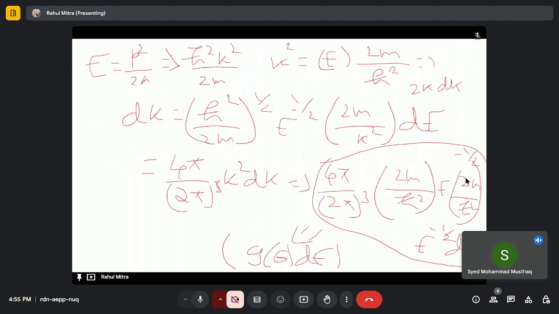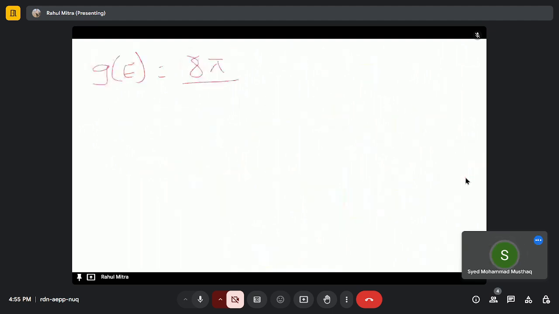Now this G(E) will be equal to 8π by, I'm not simplifying it because again it will take time, so I'm just writing whatever the equations are.